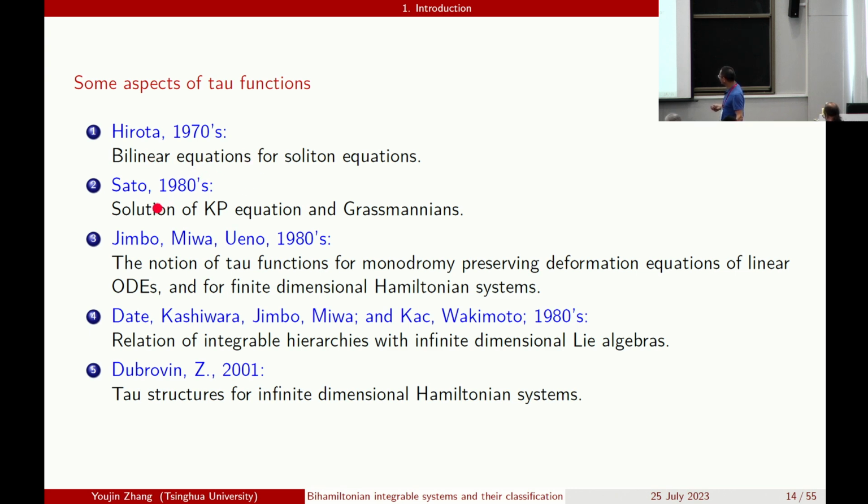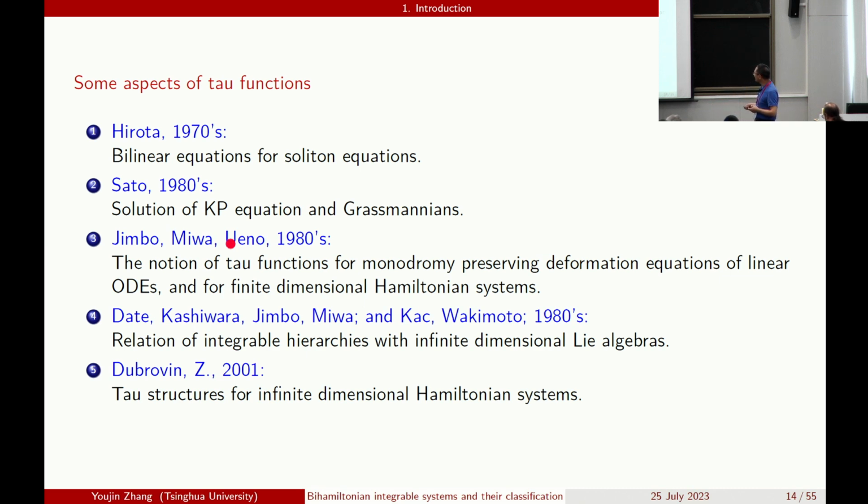Later, Sato used these tau functions to relate soliton equations to infinite dimensional Grassmannian manifolds. Then Jimbo, Miwa, and Ueno introduced the notion of tau functions for monodromy preserving deformation equations of some linear ODEs, and also for some finite dimensional Hamiltonian systems.